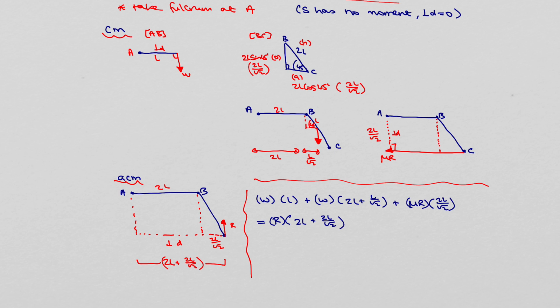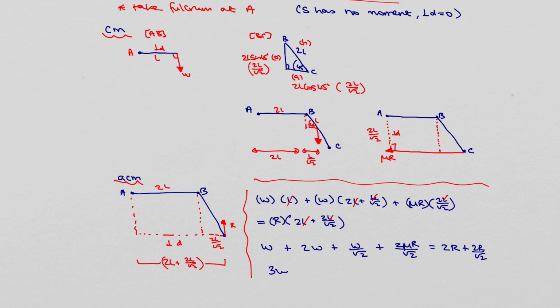So I can divide across there by L. And if I multiply my brackets, that gives me W plus 2W plus W over root 2 plus 2 mu R over root 2 is equal to 2R plus 2R over root 2.